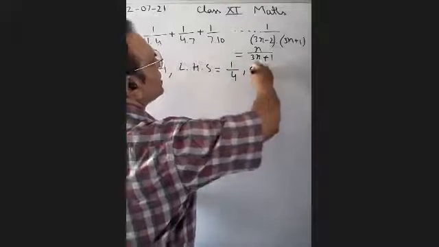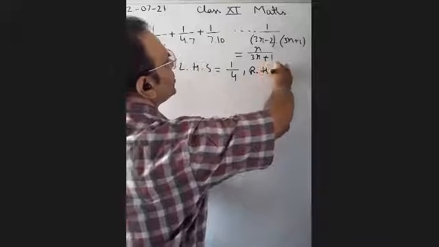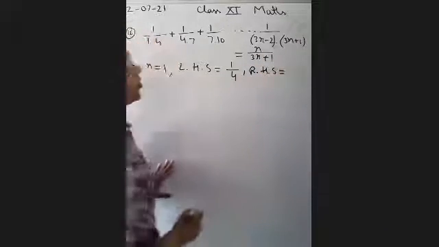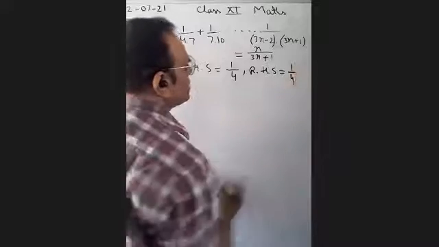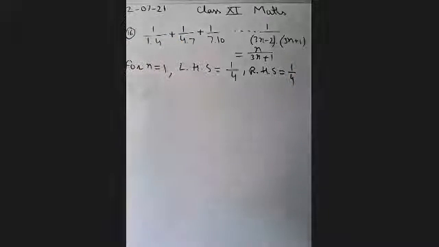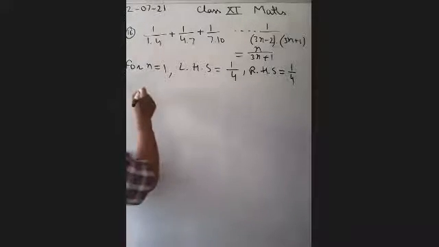Or right hand side is equal to, if we put n is equal to 1, so we will get 1 upon 4. So left hand side equal to right hand side. So it is true for n is equal to 1. Now let us suppose it is true for n equal to m.